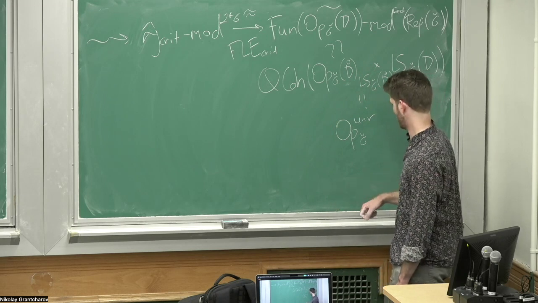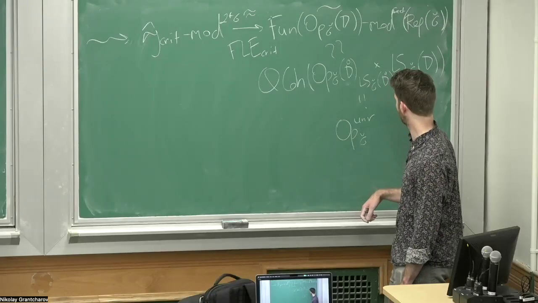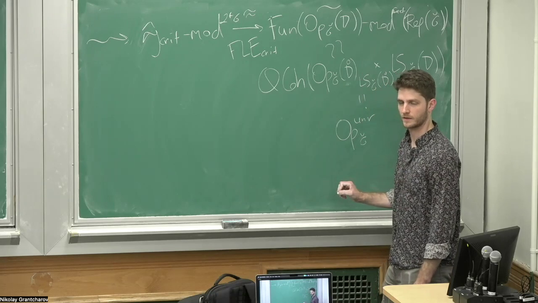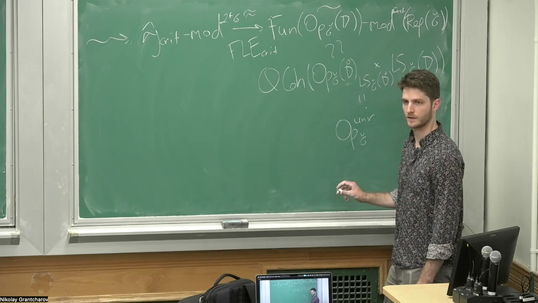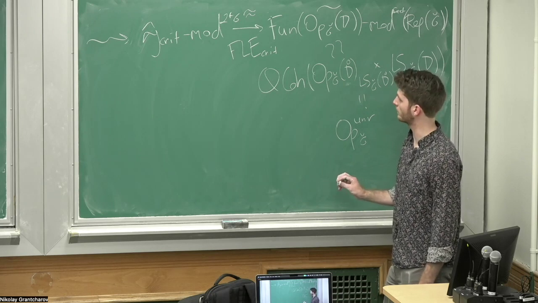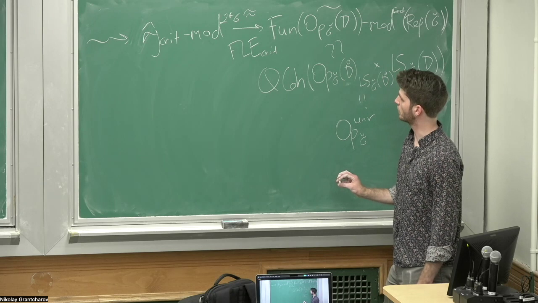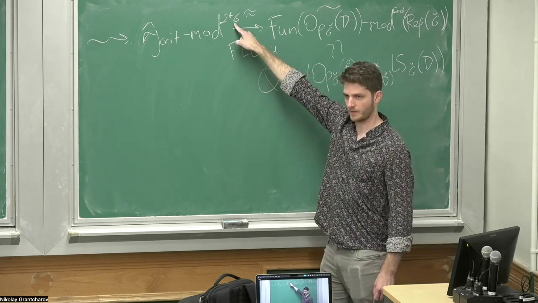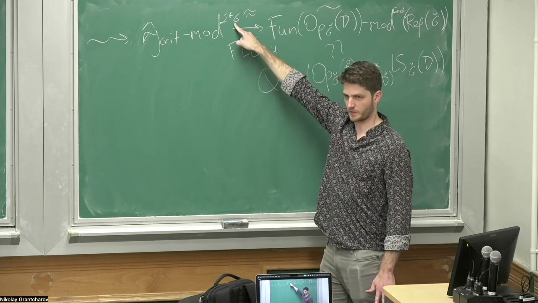So what happens if, instead of completing, you take just everything regular? No, that would not be. Yeah. So what you're doing is the Hecke category acts here, and taking fully integrable representations would be taking invariants for the Hecke category acting, right?